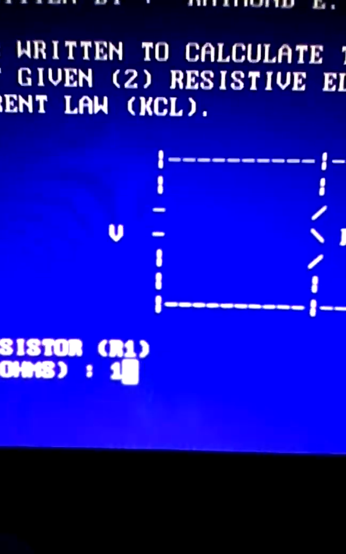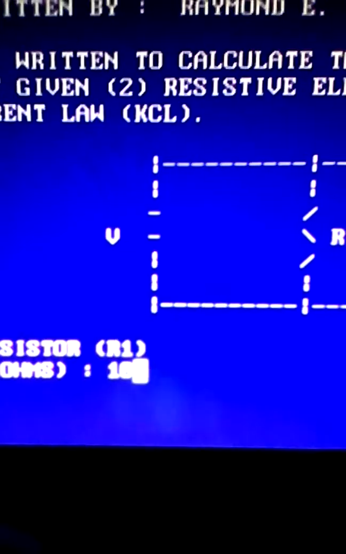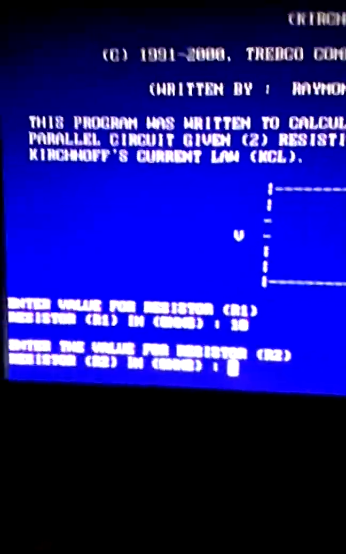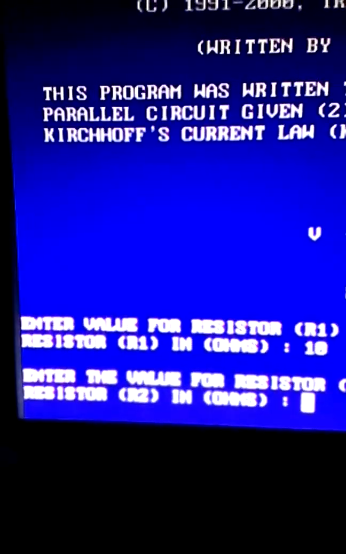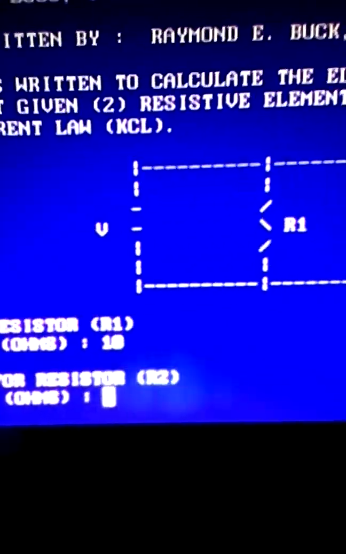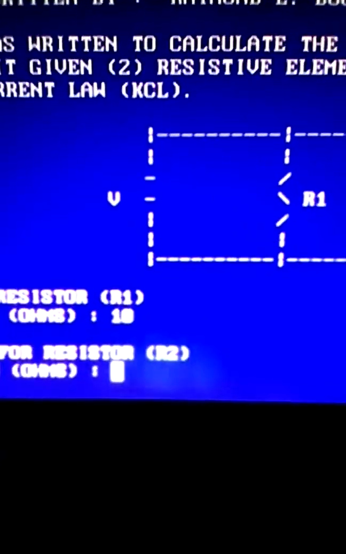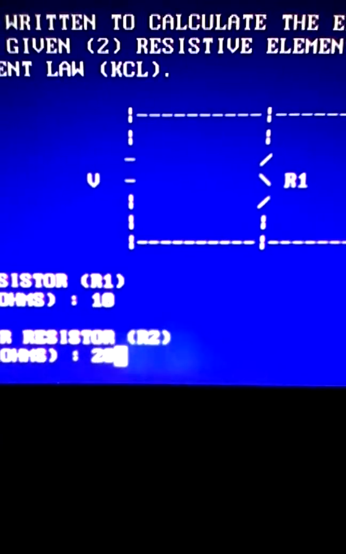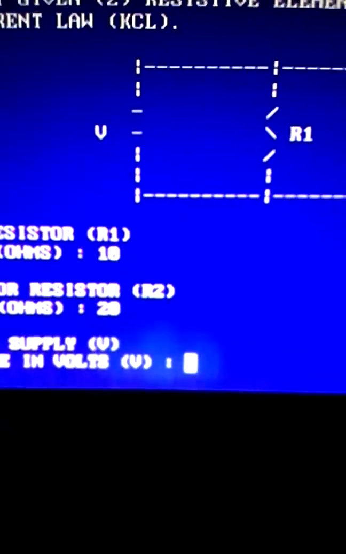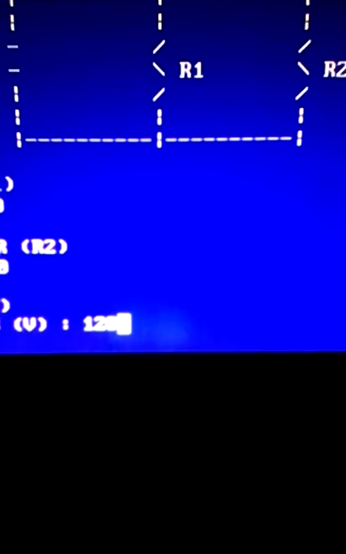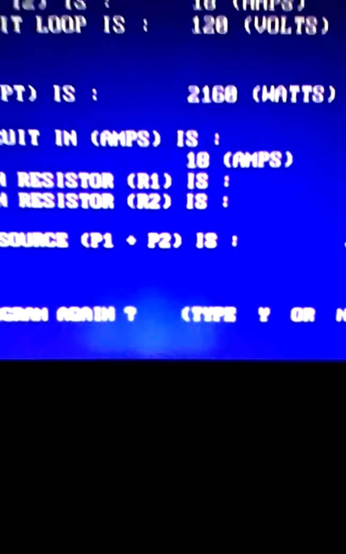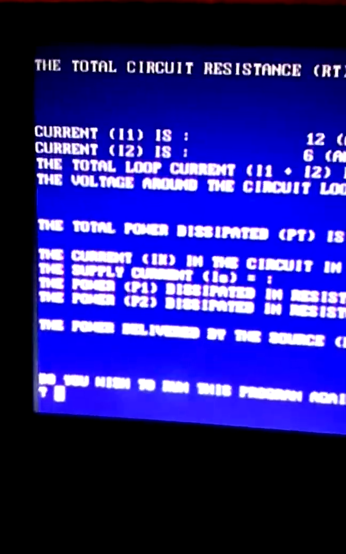And we want R2, let's make it 20 ohms. And of course, our voltage supply, we're going to go with 120 volts. See what we have. Voila.